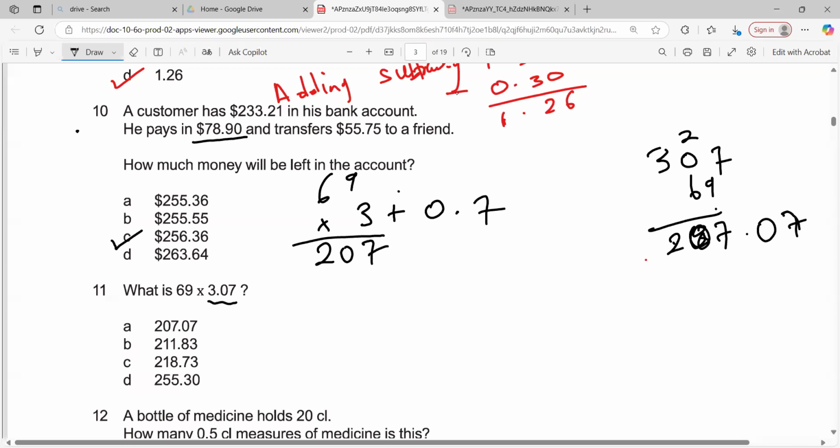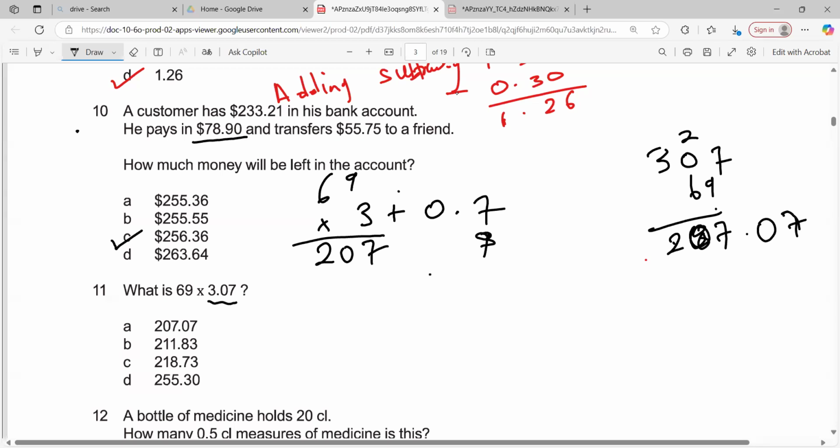So 69 times 0.07 equals 4.83. Because 69 times 7 is 483. 69 times 3, you have to put that.